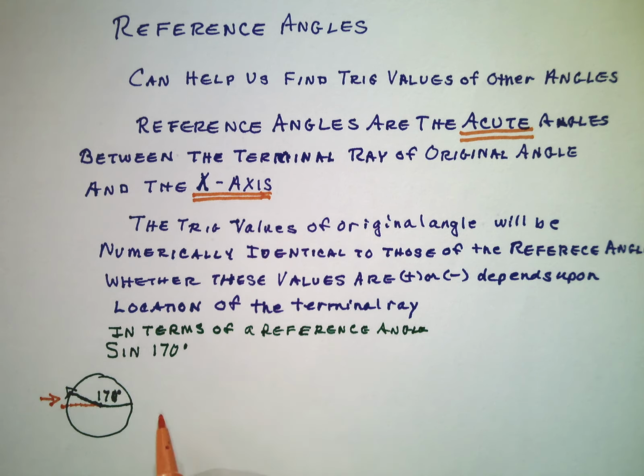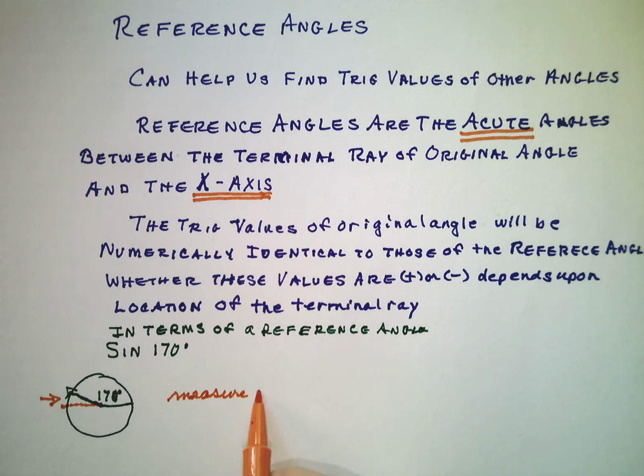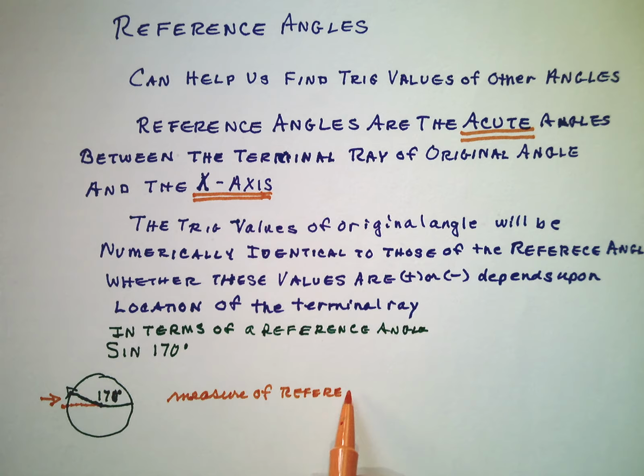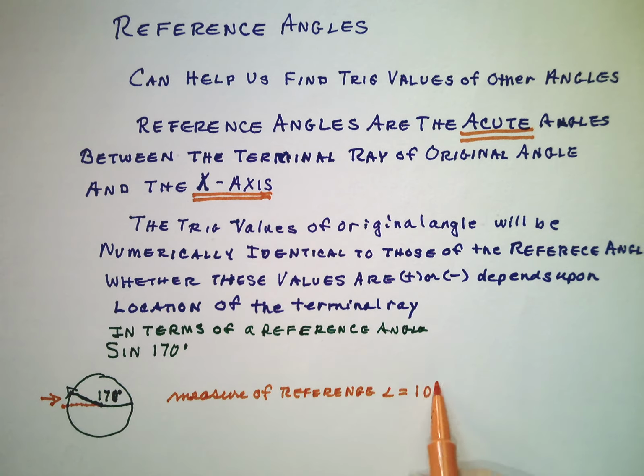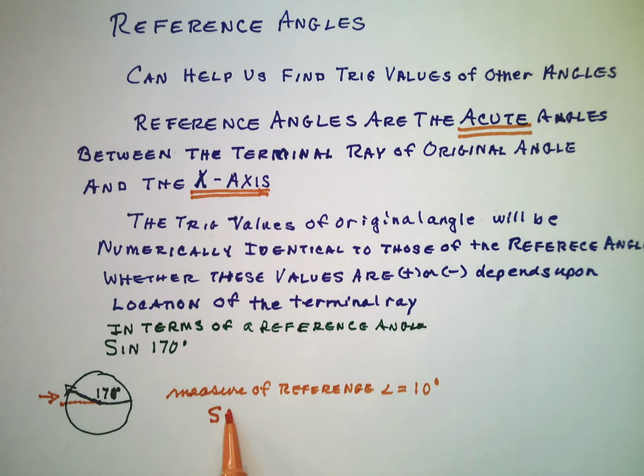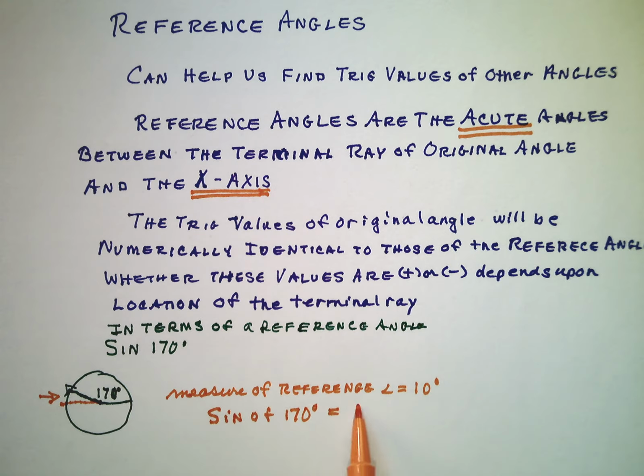So the reference angle is going to be the measure of the reference angle. Sorry, I forgot I'm writing in cursive. It's going to have to be 10 degrees. This is 170. This is the x-axis. This has got to be 10 degrees. So the sine of 170 degrees is going to equal whatever the sine of 10 degrees is.